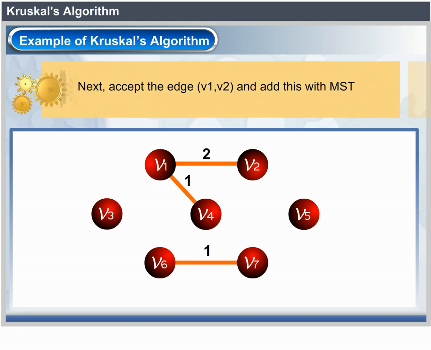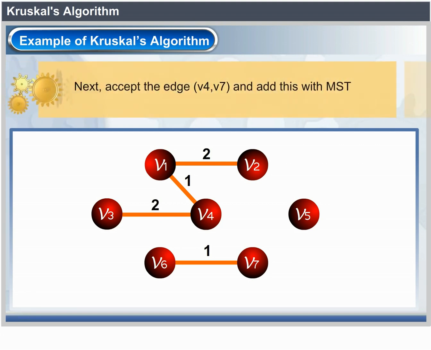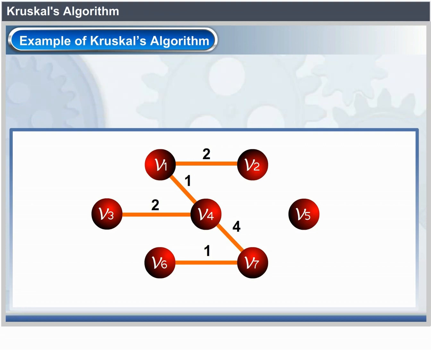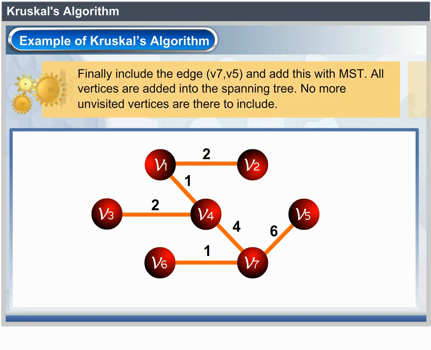Next, accept the edge v3, v4 and add this edge. Next, accept the edge v4, v7 and add this edge. Finally, include the edge v7, v5 and add this edge. All vertices are added into the spanning tree. No more unvisited vertices are there to include.